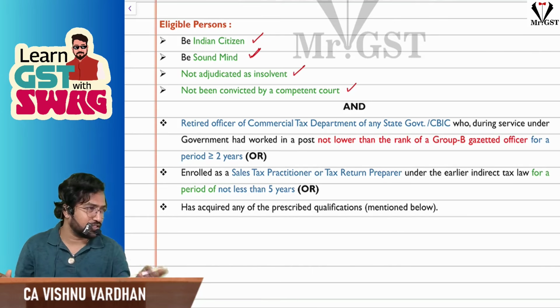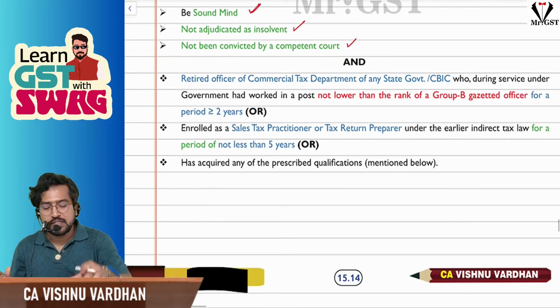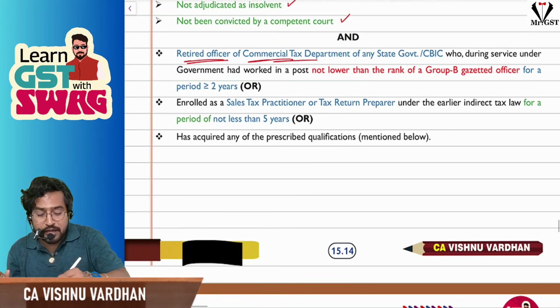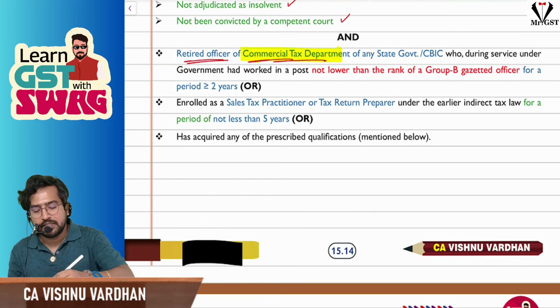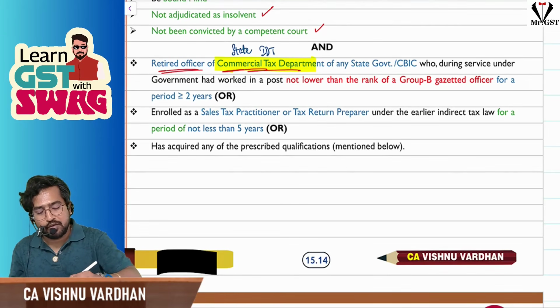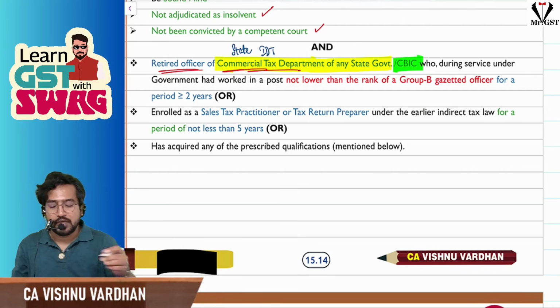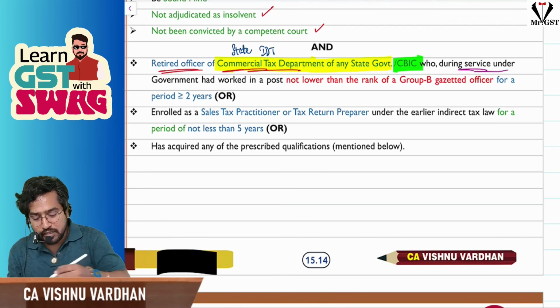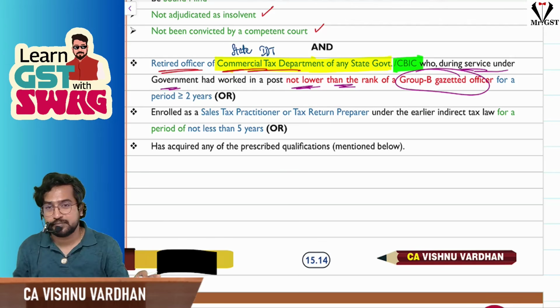But basic quality is not sufficient. You should also have some qualifications. What is that? Now listen. You should have been a retired officer of commercial tax. Commercial tax means state indirect tax department. Commercial taxes of any state government, or CBIC, central. Either in commercial tax department or CBIC, you should have served under not lower than Group B gazetted officer.